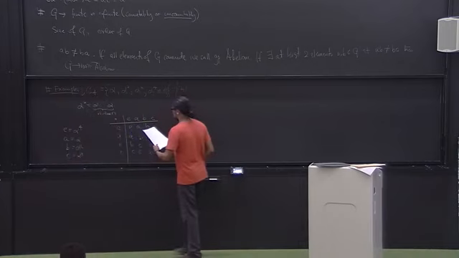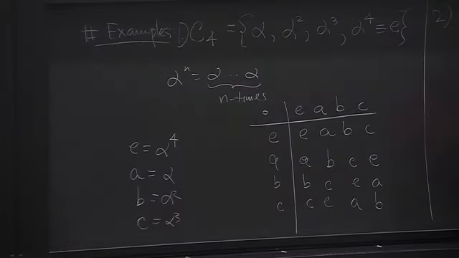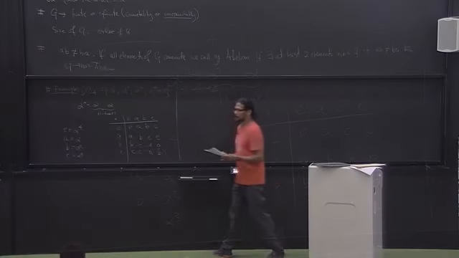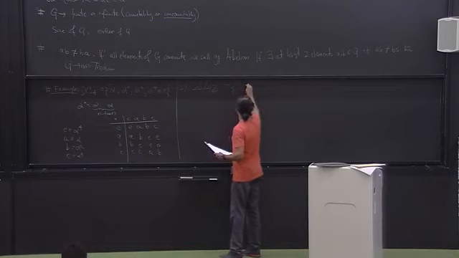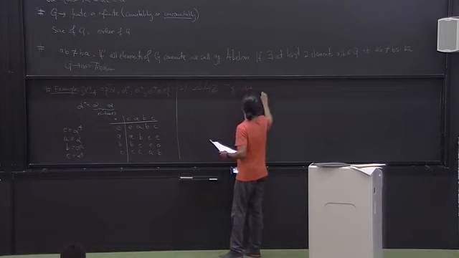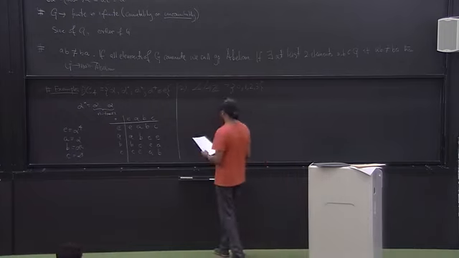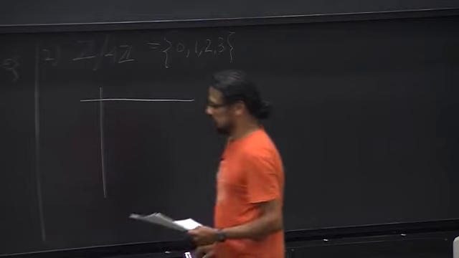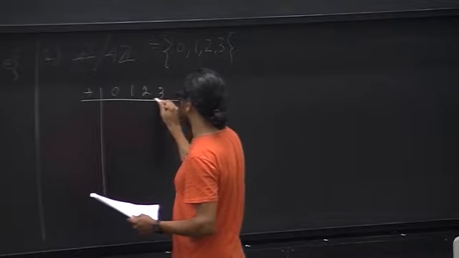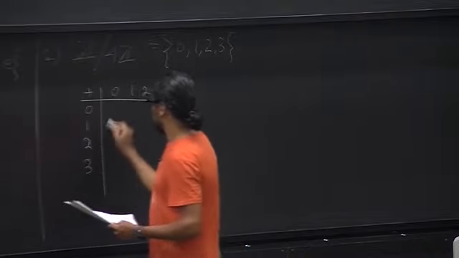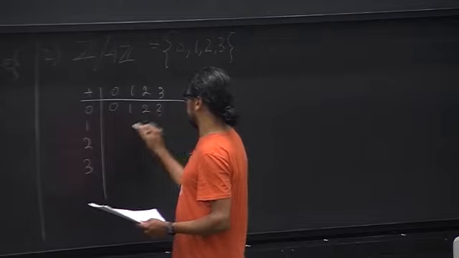Let's take another example, which is the integers modded out. This is the set of integers mod 4, and under addition mod 4, we get 0 plus 1 is 1, right?